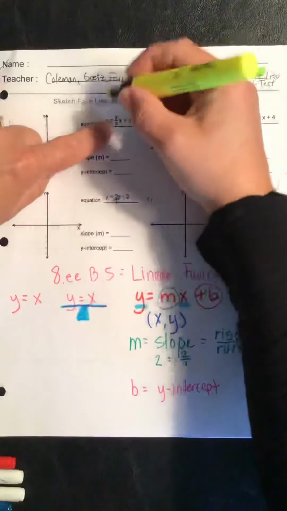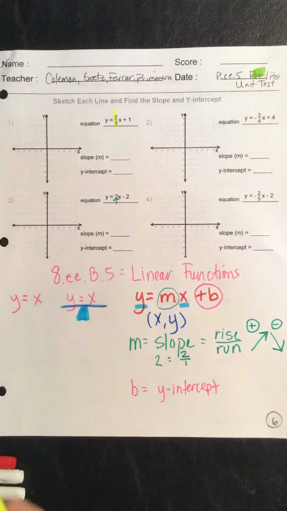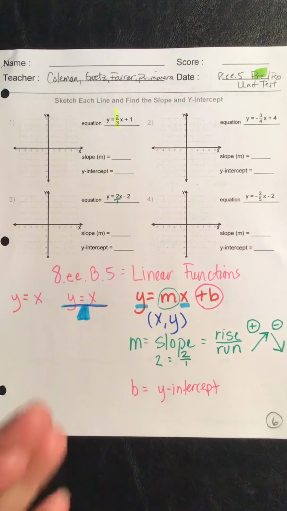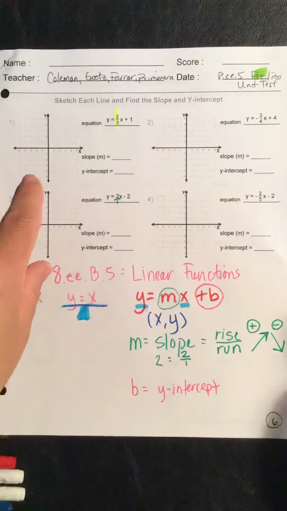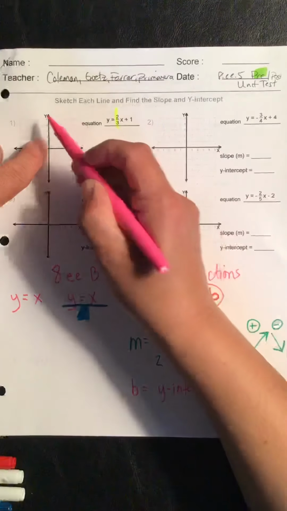So my slope is 2 over 3. So I will rise 2 and run 3. They're both positive, so I'm going up, and then positive is to the right, just like on a number line.